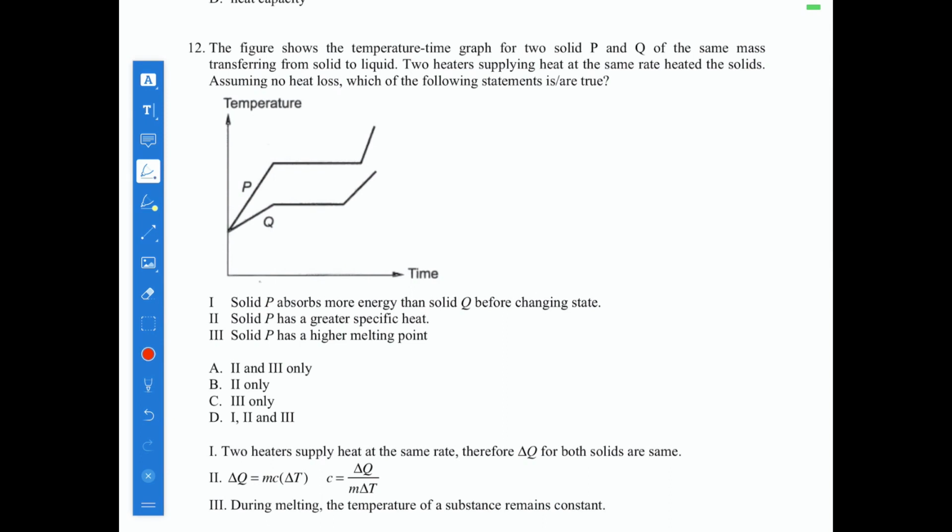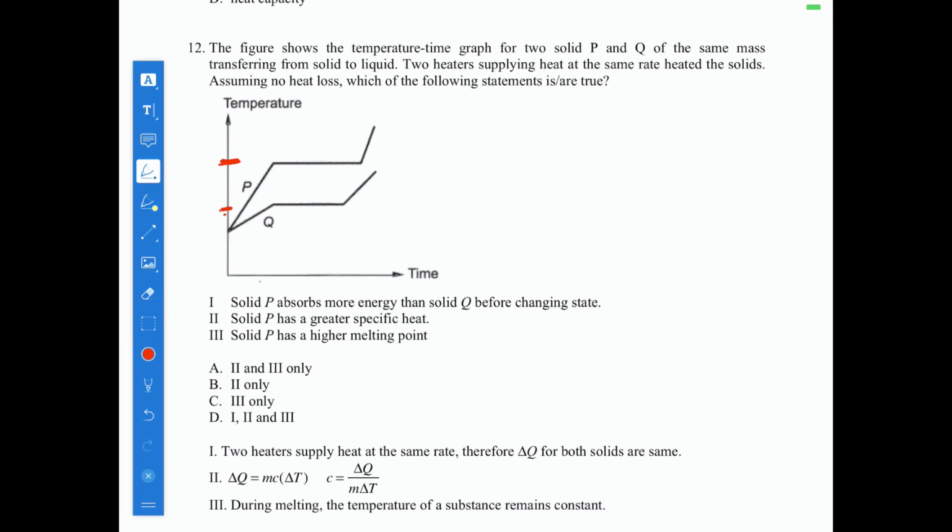There are two substances, P and Q, and you can see there's a time where the temperature remains unchanged. Okay, so it means there's a phase change. So for the Q, the phase change temperature is here. For the P, this is where there's a phase change.